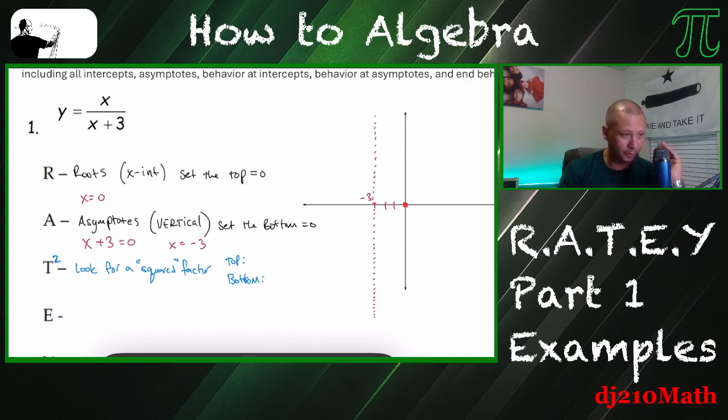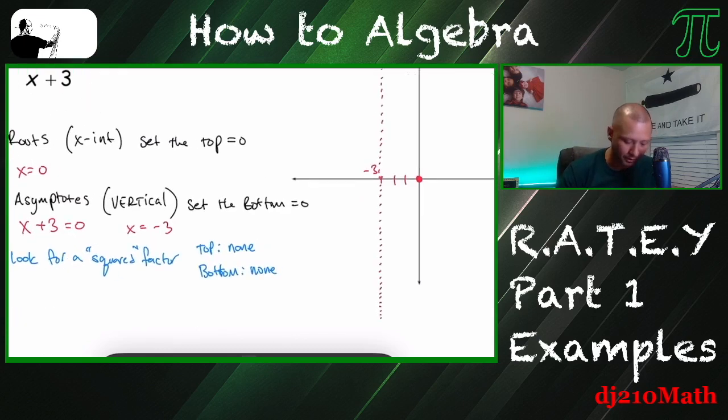There's not a squared factor in the top. Also, furthermore, there is not a squared factor in the bottom. So let's just talk quickly about what if there were.